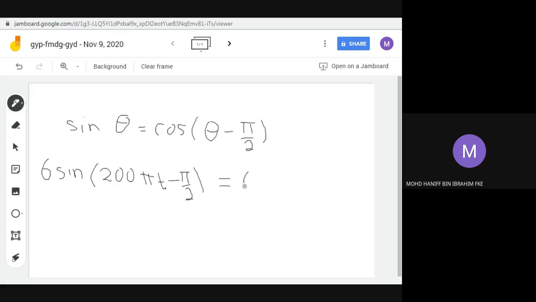So we're going to have 6 cosine, which should be substituted into this equation. We are supposed to get 200 pi t minus pi over 2. That's how we change from sine terms into cosine terms.